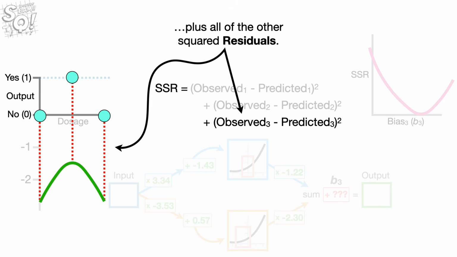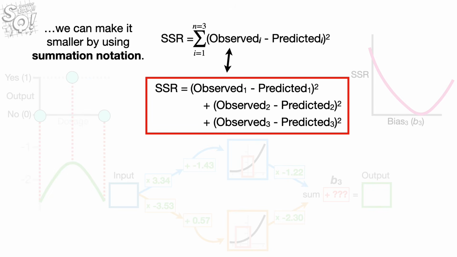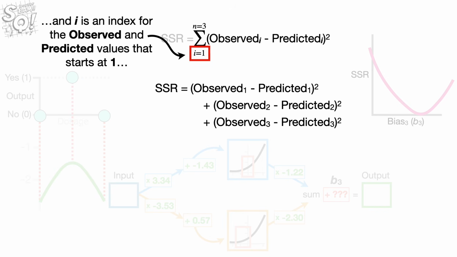squared residuals. Now, because this equation takes up a lot of space, we can make it smaller by using summation notation. The Greek symbol, sigma, tells us to sum things together. And i is an index for the observed and predicted values that starts at 1.